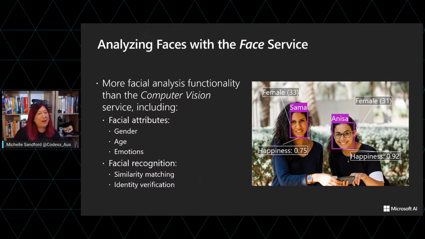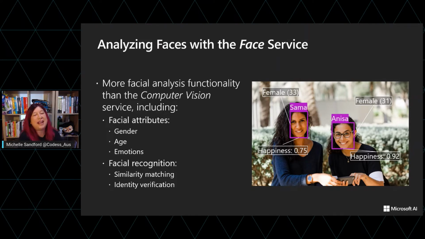Face service. Now here we are identifying people. This is interesting because it is slightly more problematic when we get down to the level of who they are and how old they are, because these are two pieces of information that can be used to identify someone and can be used to steal someone's identity, I guess.